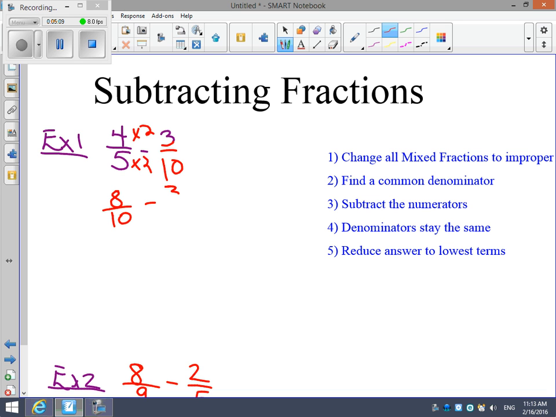Subtract 3/10. And then you do 8 subtract 3 because the denominator stays the same, so it's 5/10. And then that can be simplified more, so it becomes 1/2 because 5 is half of 10.